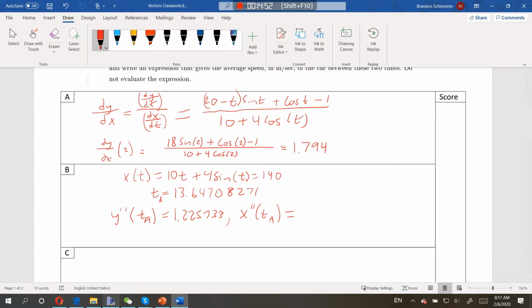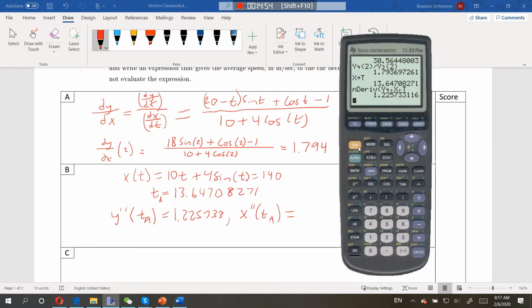Okay, and we'll do the same thing for x. Negative 3.52917.